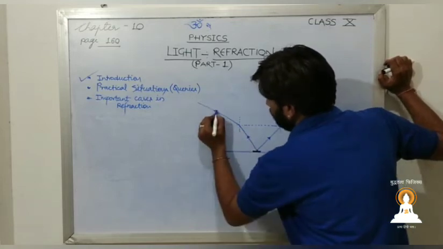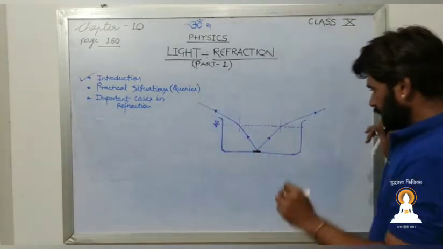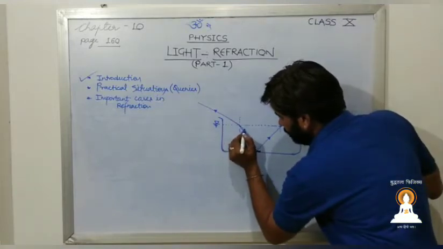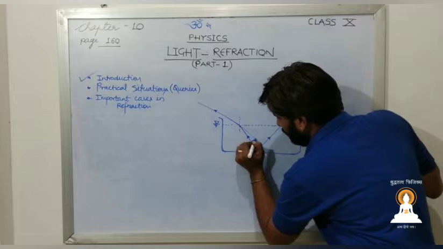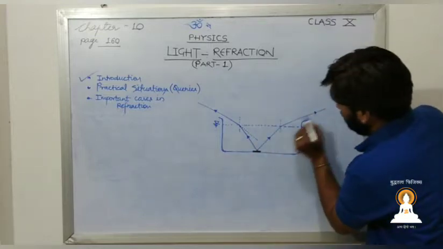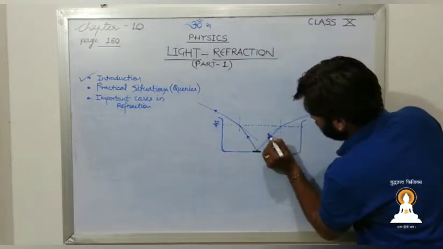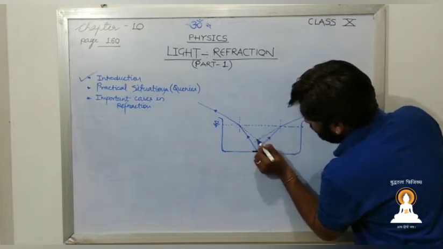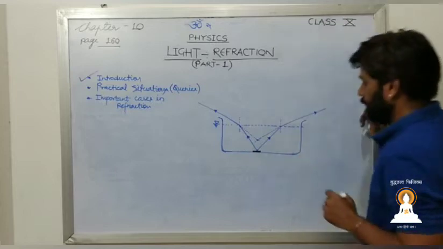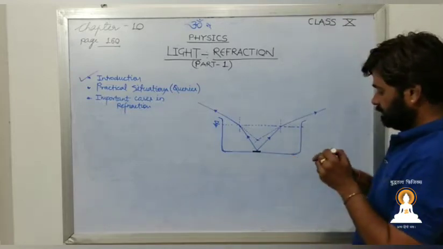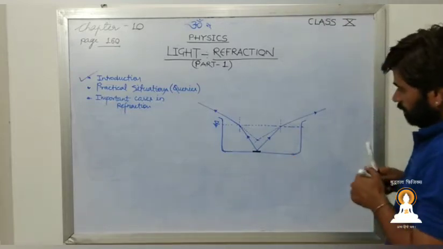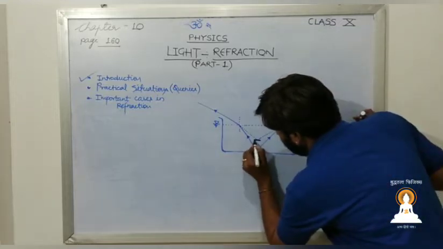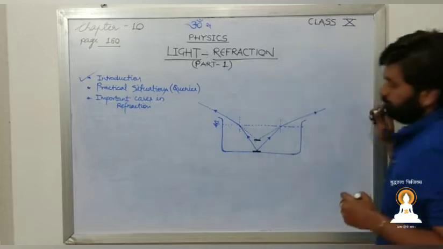Now if I extend these refracted rays backwards, we will see that they meet at a single point. Definitely this will be the point where the coin will appear.